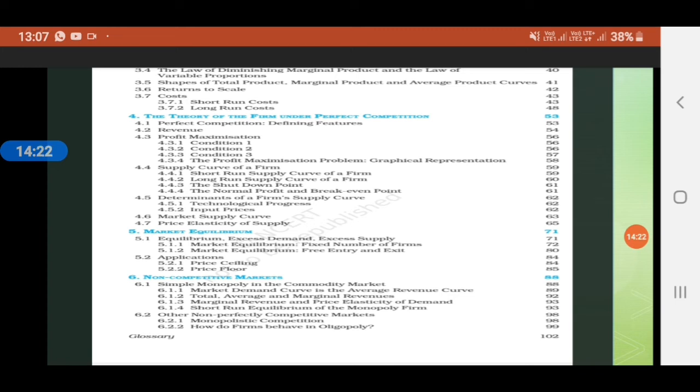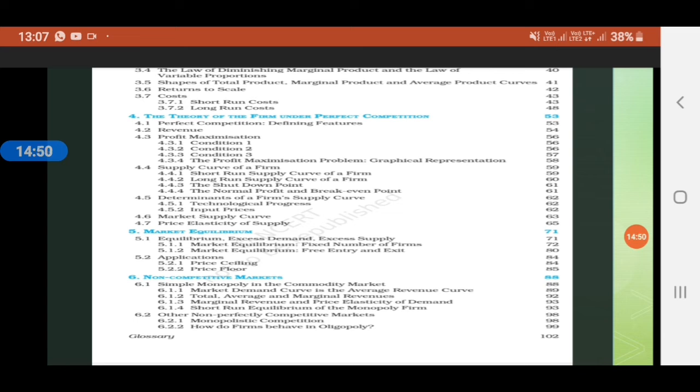Thereafter, determinants of a firm's supply curve. So how the firm's supply curve is determined, that we learn here. Generally, the firm's supply curve is determined by two factors, such as technical progress and input prices. So these are the two main determinant factors which determine the firm's supply curve.